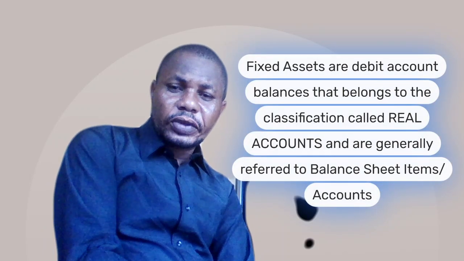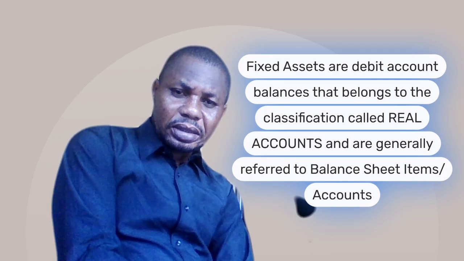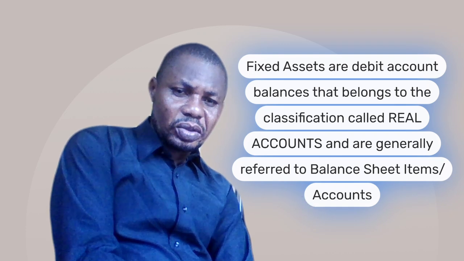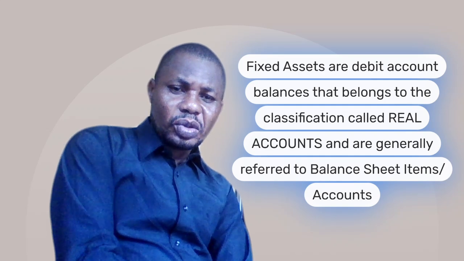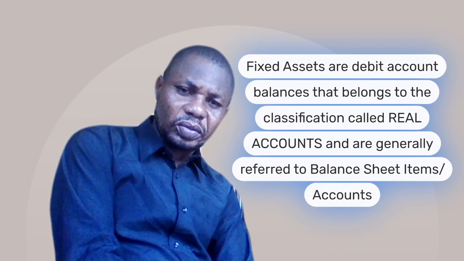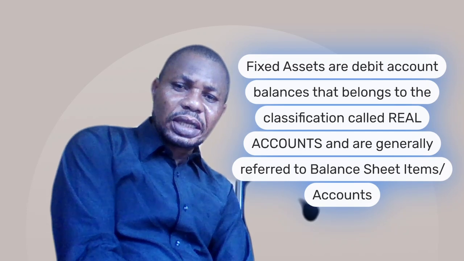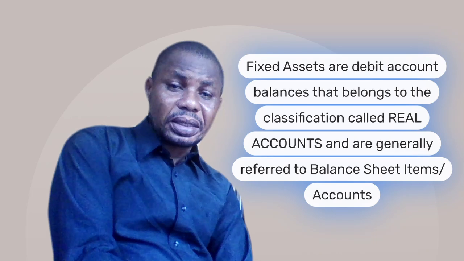And these fixed assets are debit account balances that belong to the classification called real accounts and are generally referred to as balance sheet items or balance sheet accounts. So we need to understand that fixed assets in general are debit balances.